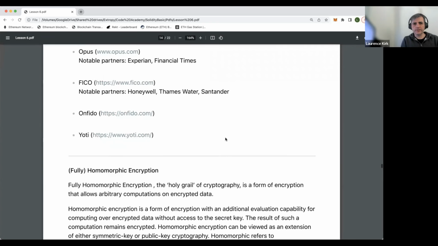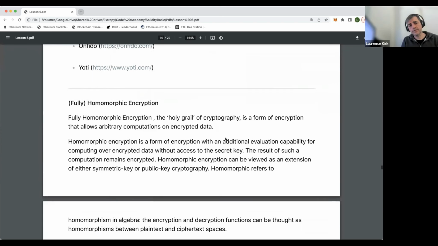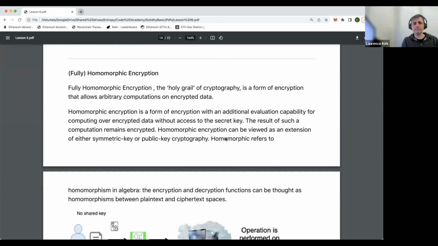Okay, so that's DIDs, and then there's an aspect of cryptography called homomorphic encryption. Excuse me. This is really a holy grail of cryptography, in that it allows you to do some very remarkable things.